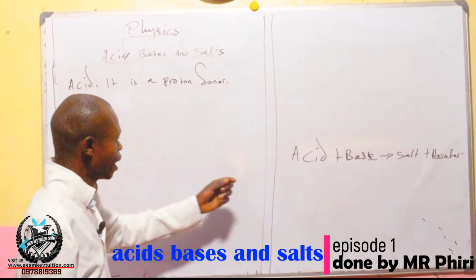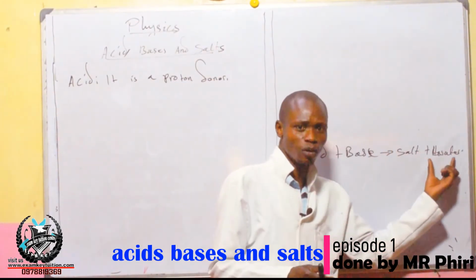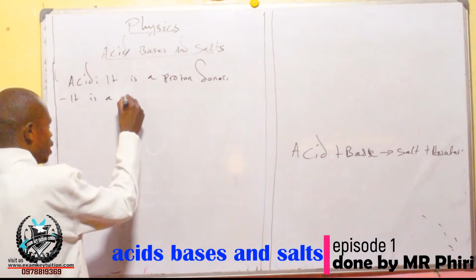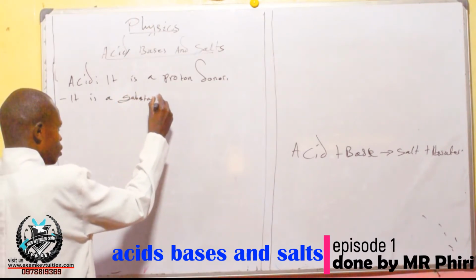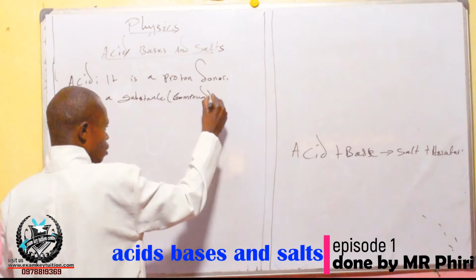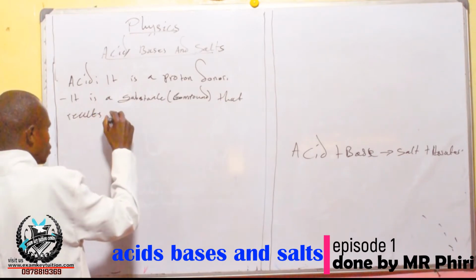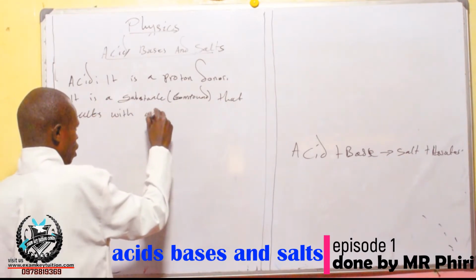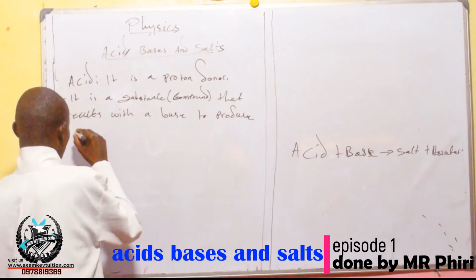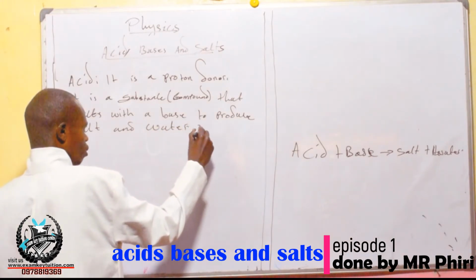So we can define an acid as a substance or a compound that reacts with a base to produce salt and water only.